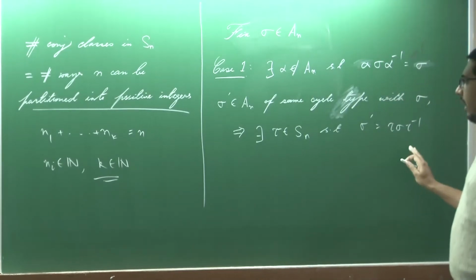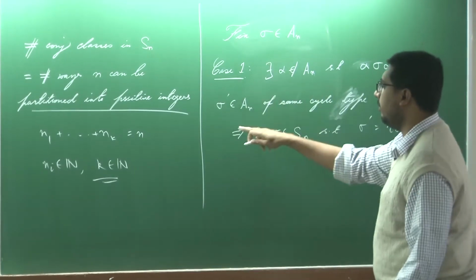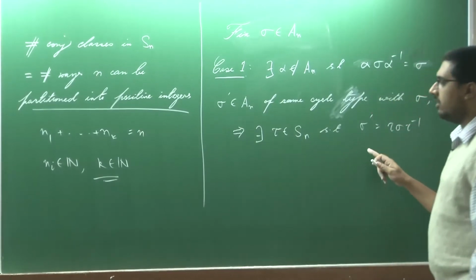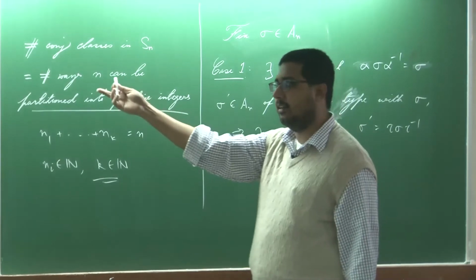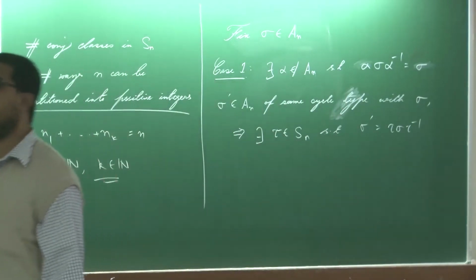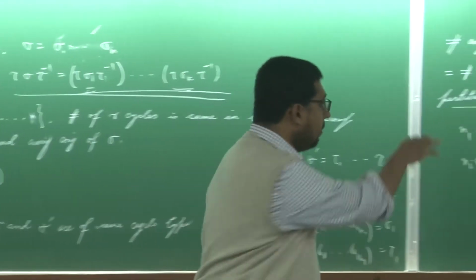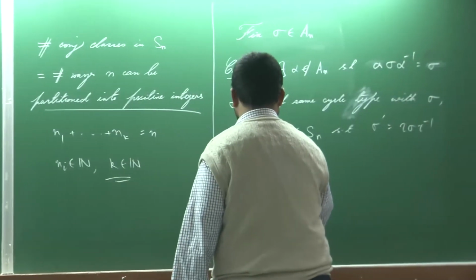So both sigma prime and sigma are inside Sn, and I know that they will be in the same conjugacy class inside Sn. I am not sure whether they will be in the same conjugacy class inside An or not, but that will happen in this case because of the following.